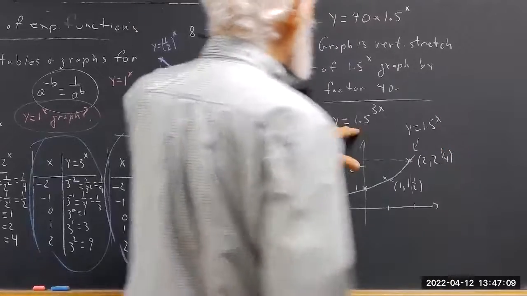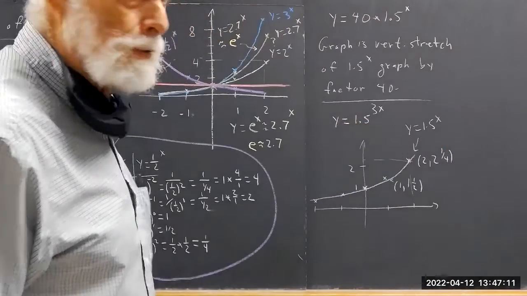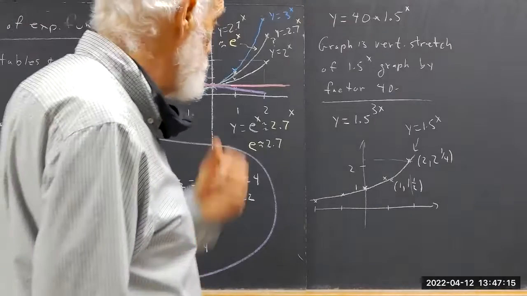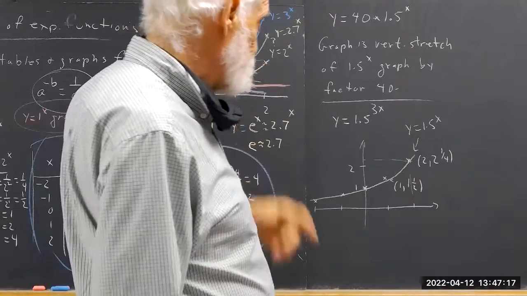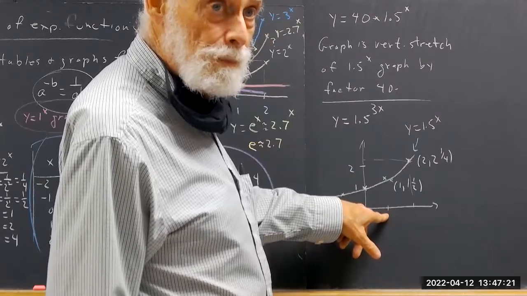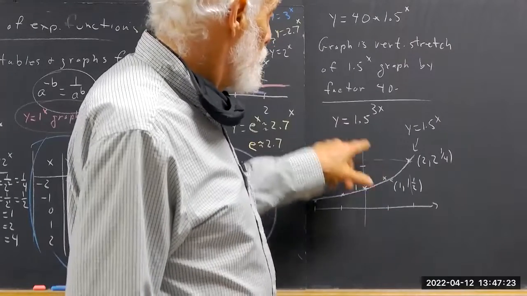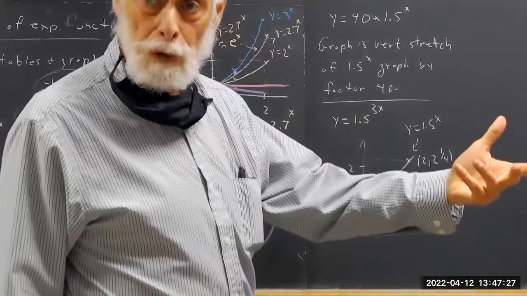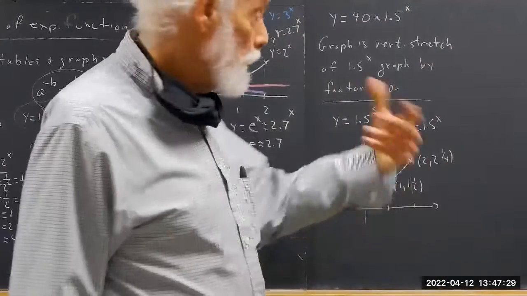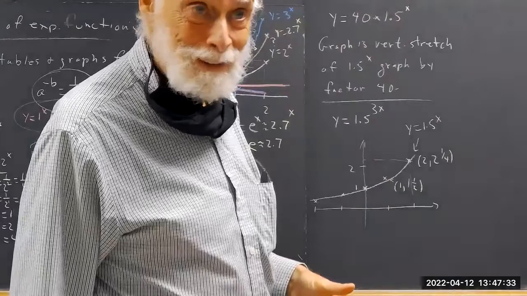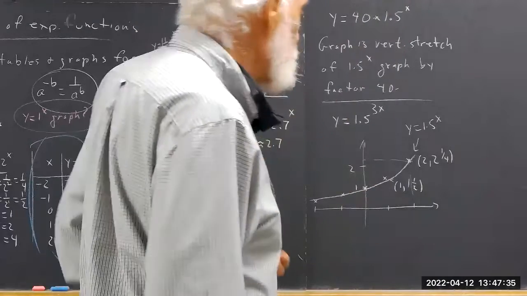Now, to get 1.5 to the 3x, what do we have to do? Well, if x equals 1, 1.5 to the 3x would be 1.5 to the third, right? And 1.5 to the third is 3 3/8. It's about 3.375.